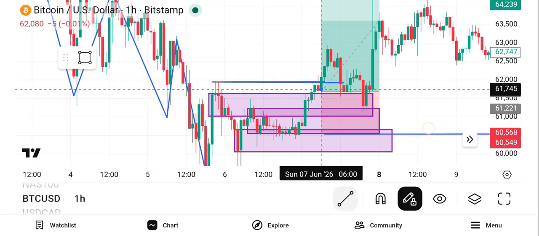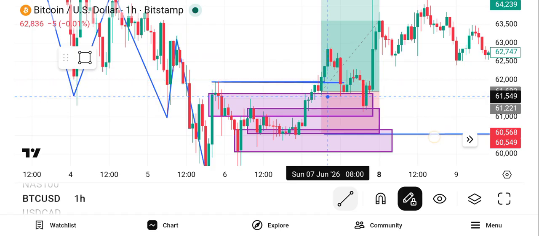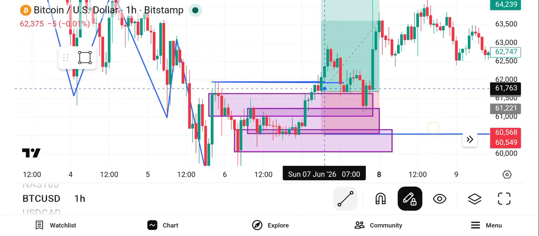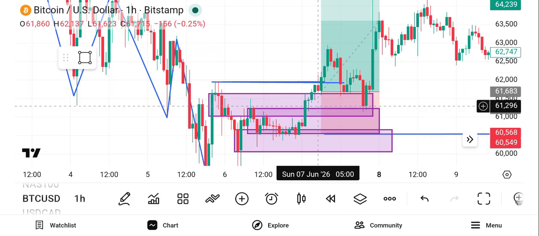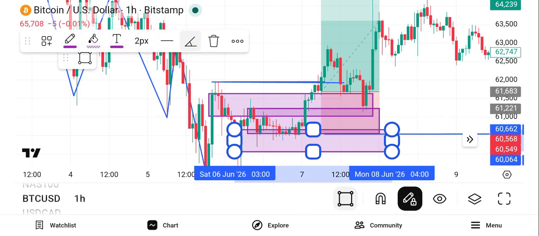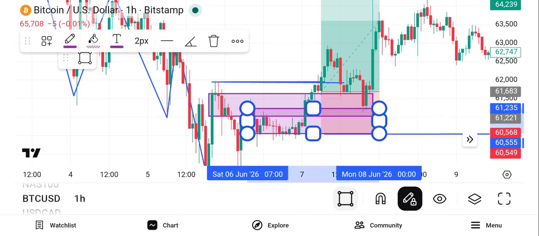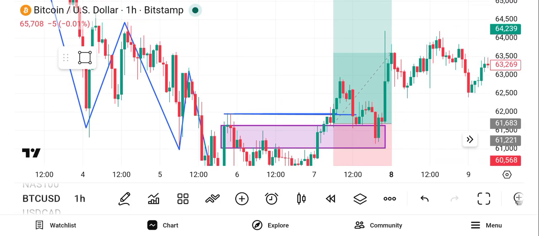Now the last rule, which is the 5th rule, says that you should pick the point of interest that is closest to your inducement. The one that is closest to our inducement is this breaker, this first one here. So we are going to delete this and delete this. And let me clear the chart.